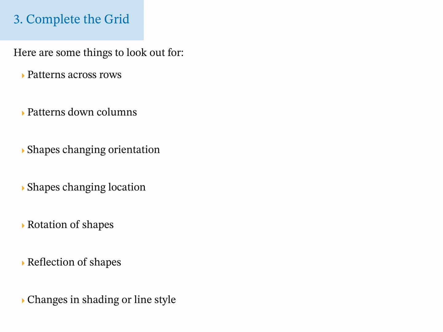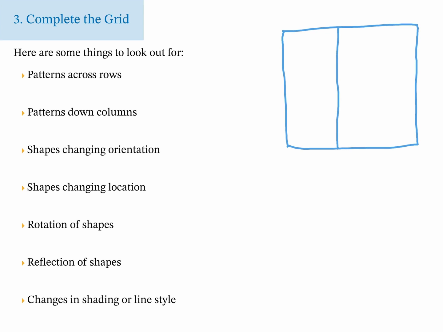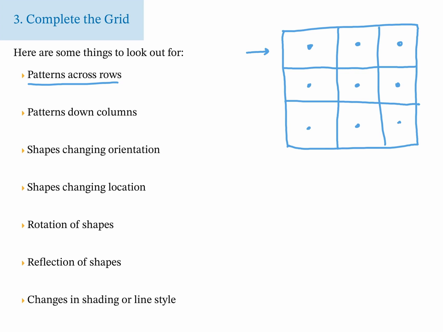As we've already mentioned, if we have a grid, let's say a 3x3, so I'll draw this out. What we want to start by looking out for is patterns across rows. So we want to see how the diagrams change as we go from, let's say, this box to this box to this box, and how a similar pattern may be formed if we go across these boxes and these boxes.